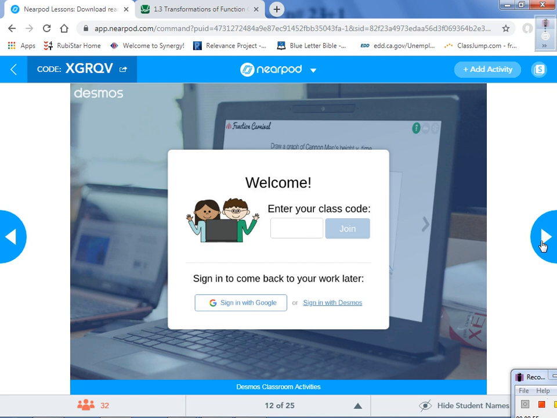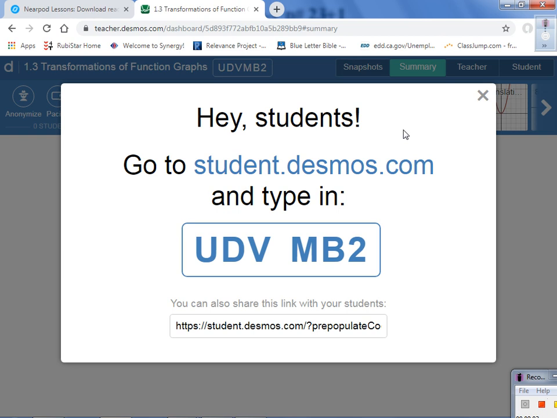Click on it so you can go to the link for Desmos. And the password is UDV, space, MB2. There it is again, in case you didn't get it. It's up on the screen. UDV space MB2.